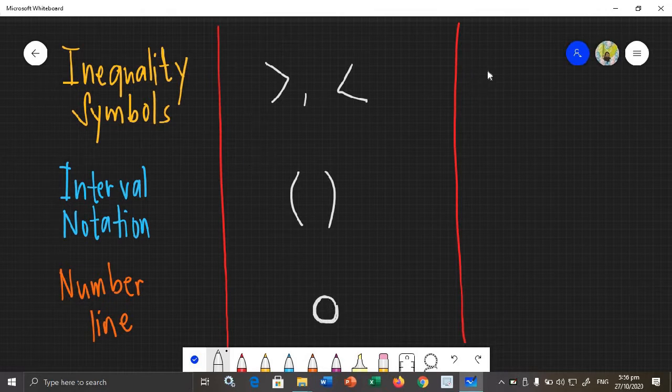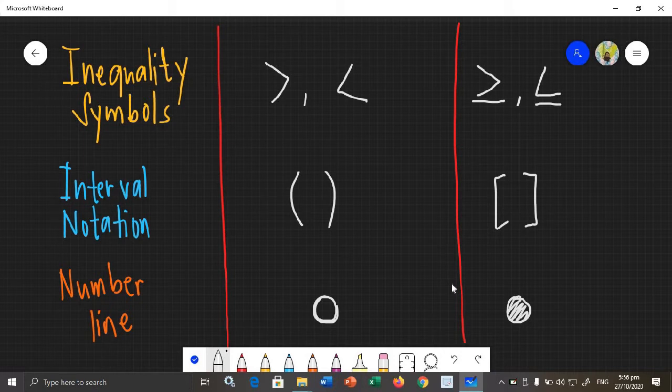And when the inequality symbol given is greater than or equal to or less than or equal to, the interval notation you're going to use is the brackets. And on the number line, you will notice that the circle is shaded, or it is a closed circle. So you should take note of this table, because it is the summary of what is written in your module.